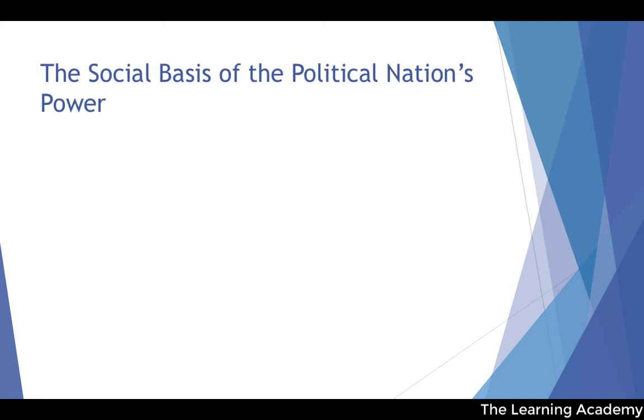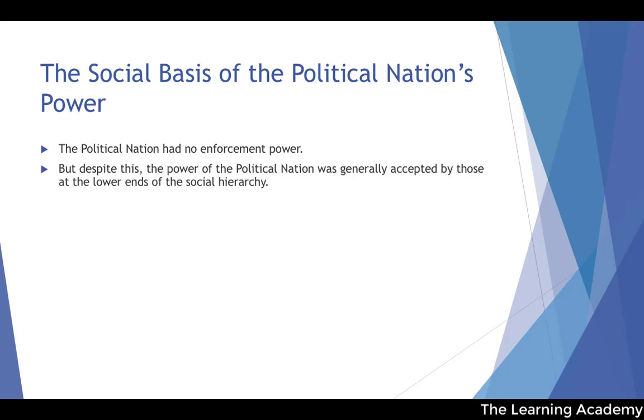So, as we've generally looked at other groups that form the political nation, things like the aristocracy and effectively the top 1% of the population, what does it mean when we talk about the social basis of the political nation's power? It must be said that the political nation itself had no enforcement power. There was no police, there was nothing like that going on in this period of time.